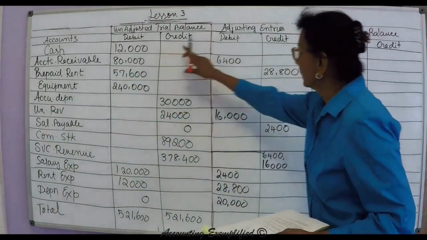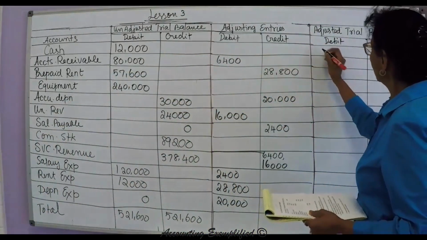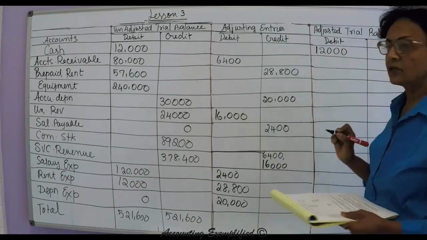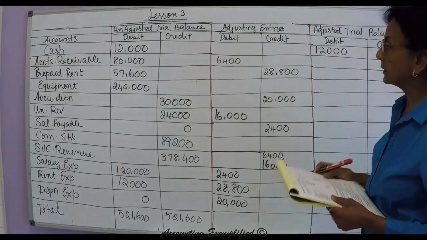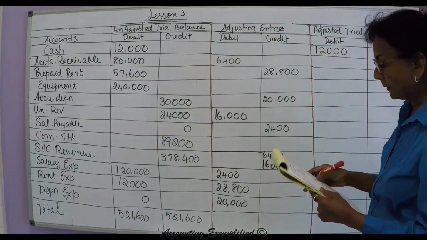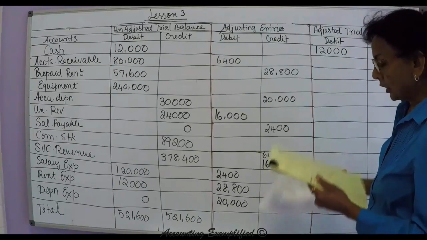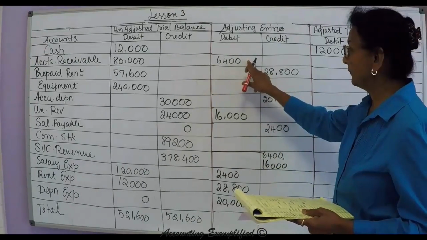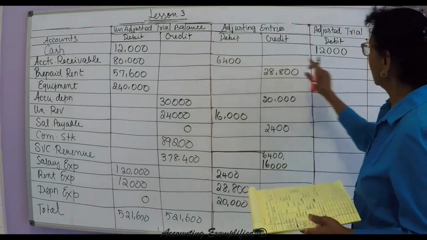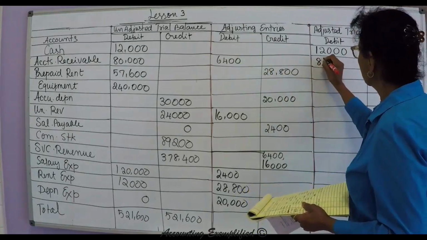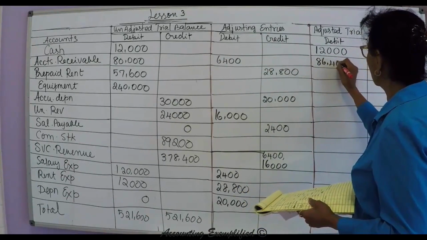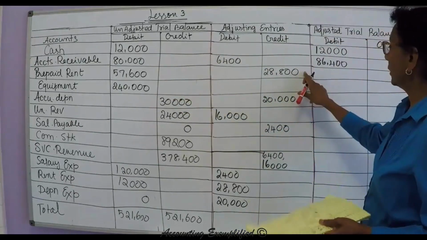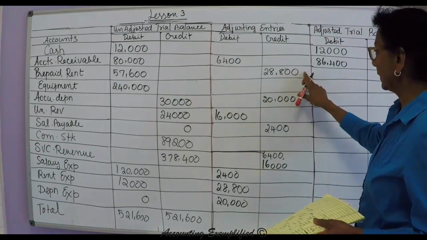So cash, there was no adjustment, therefore that stays at $12,000 balance in the adjusted trial balance. And then accounts receivable, you started with 80,000 and then you debited by 6,400. So the new adjusted balance is 86,400. And then the prepaid rent, you credited or decreased by 28,800.